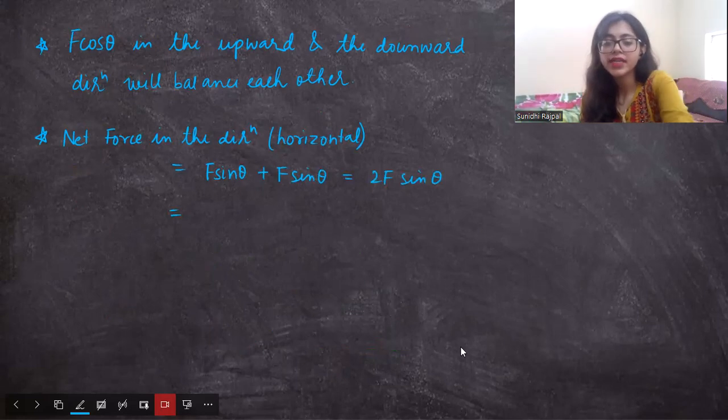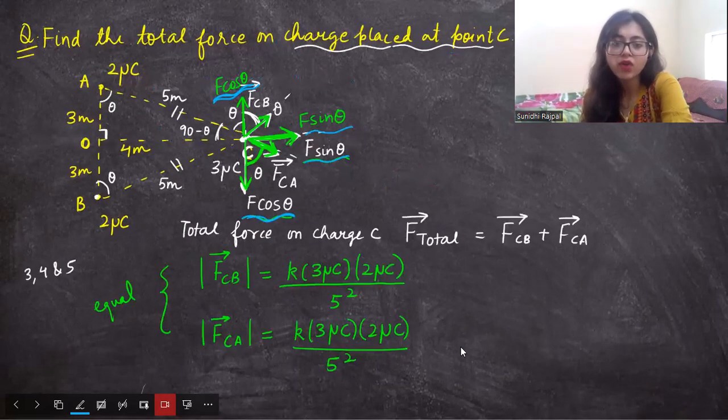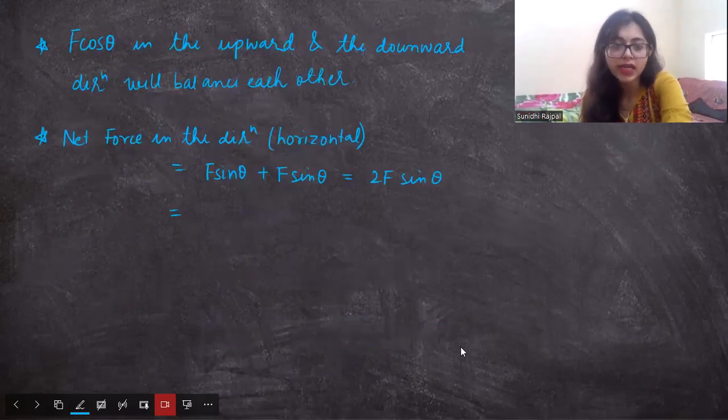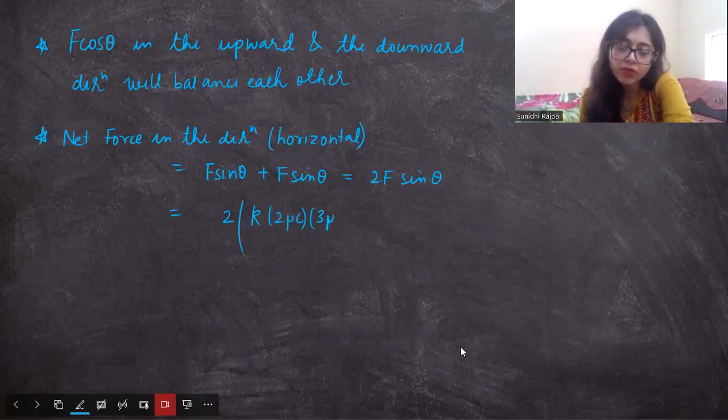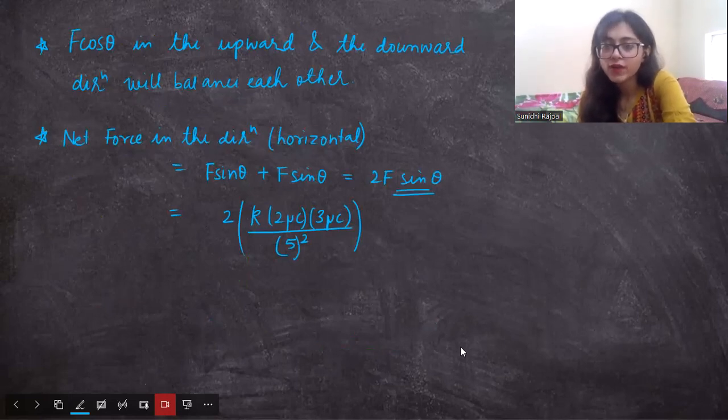I had already calculated the value of F. दोनों F की वैल्यू सेम है, तो लेट अस पुट दिस वैल्यू. I have 2 तो बाहर है, अंदर क्या आ जाएगा? K, I had 2 μC, 3 μC by 5 meters squared. This was the force. And now I want the value of sin theta.